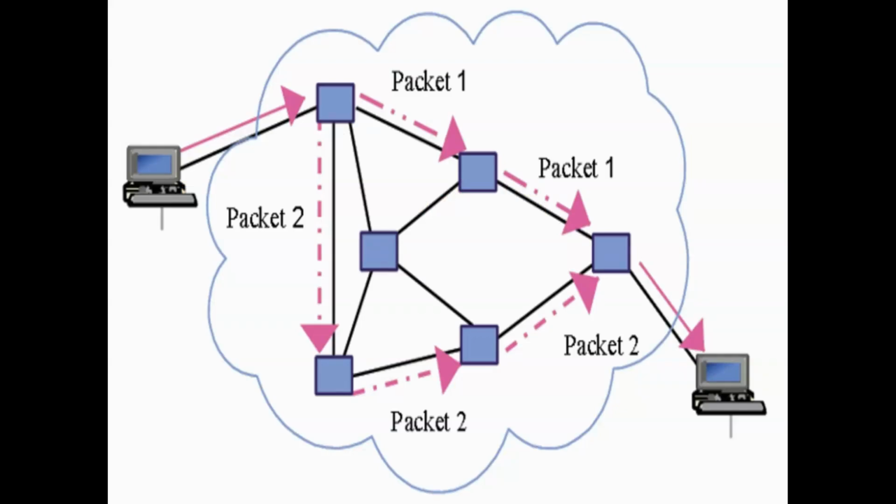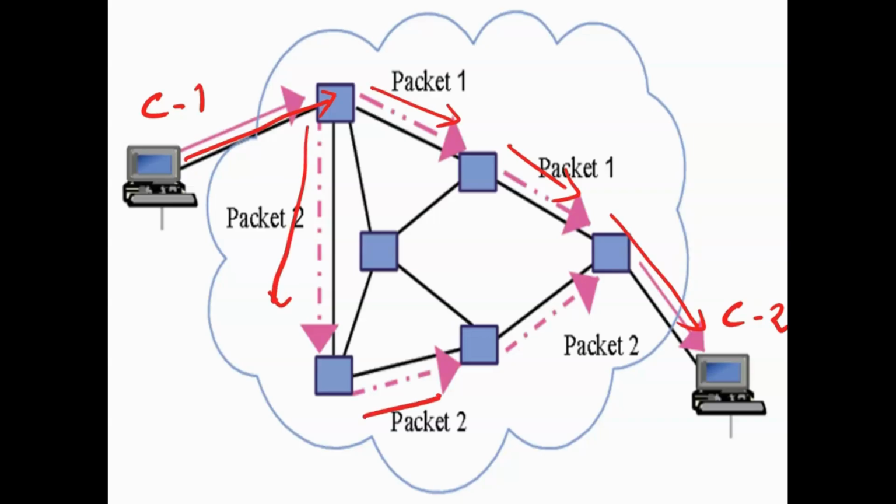So let us see the diagram for this. Here is computer 1 and here is computer 2, and we are transferring along paths in between. Packet 1 is sent from here and reaches the second computer, and packet 2 is sent on another path and reaches the receiver computer.